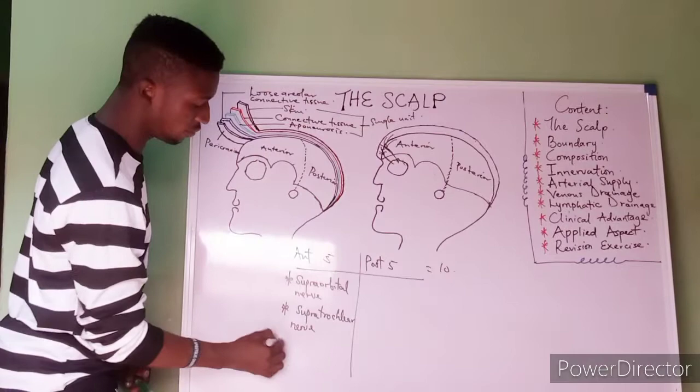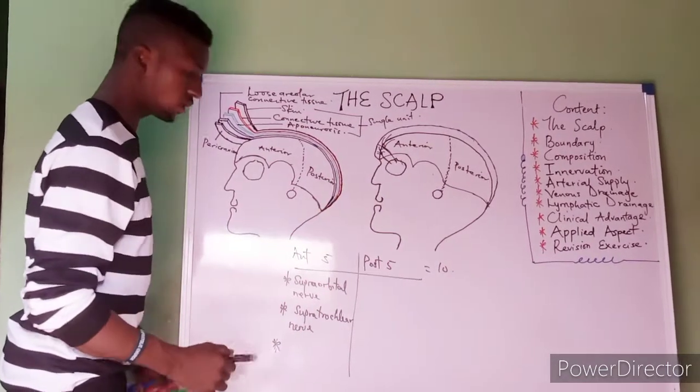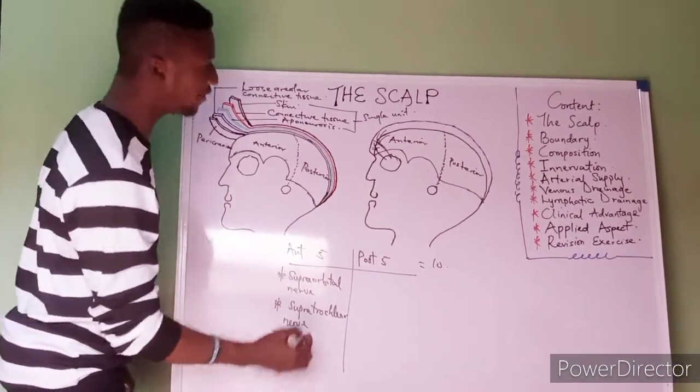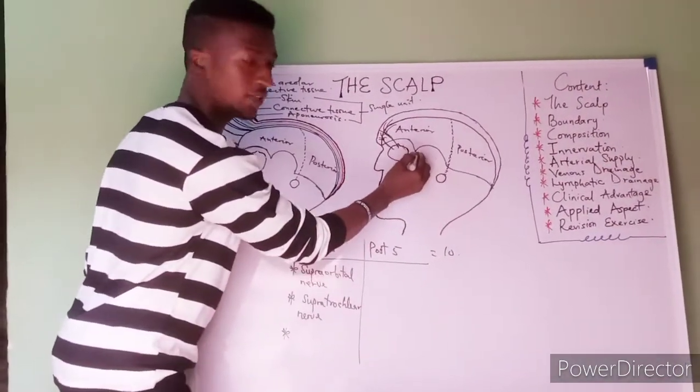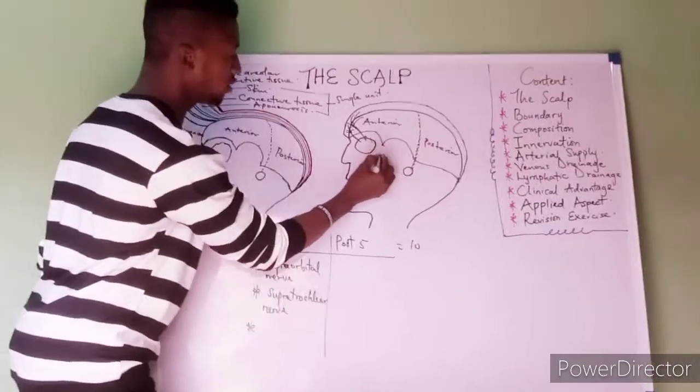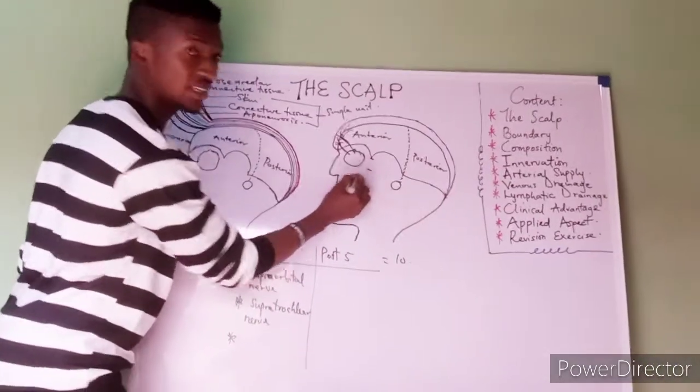The third nerve we'll be talking about is a nerve that pierces this region between the zygomatic and the temporal. Don't forget, this region will be our zygomatic.